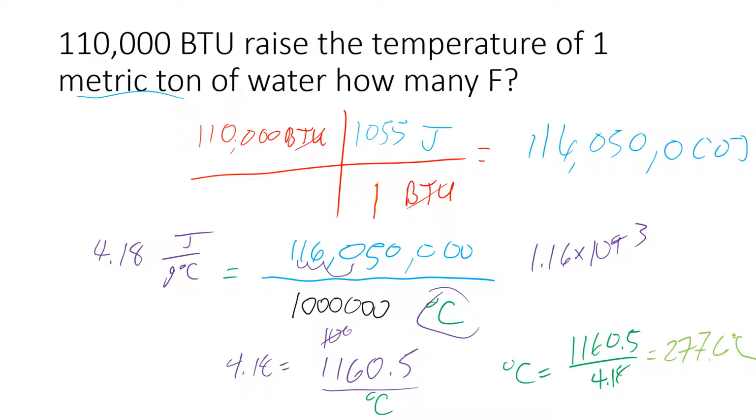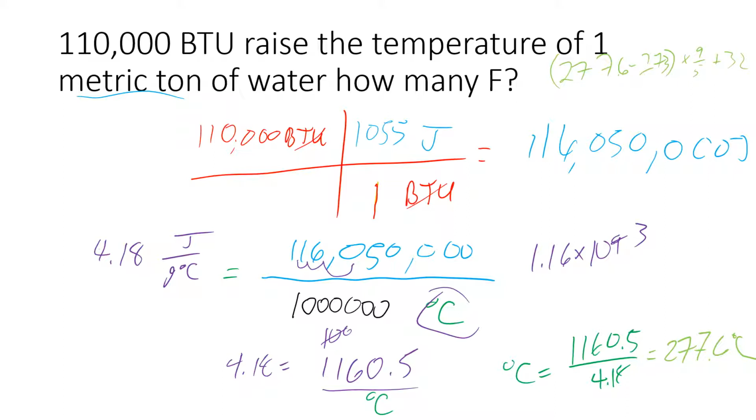So Celsius is that, so that's the same as Kelvin. You could just as easily do this online, but the number we got is 277.6. We're going to subtract 273, and then multiply that by 9/5 and add 32. And that'll give it to you.